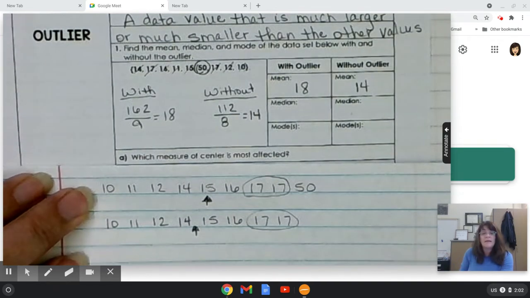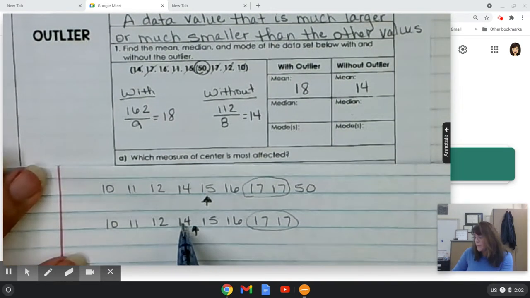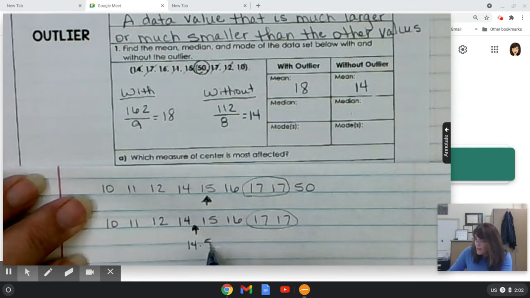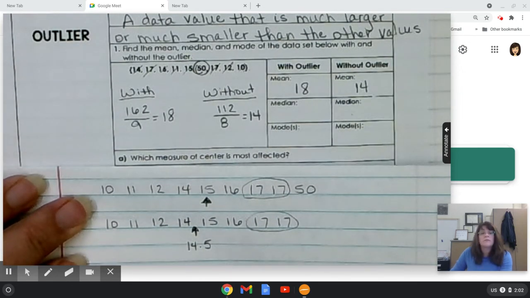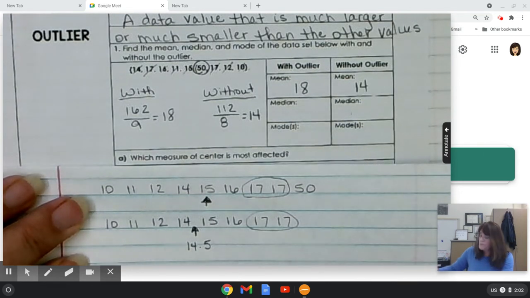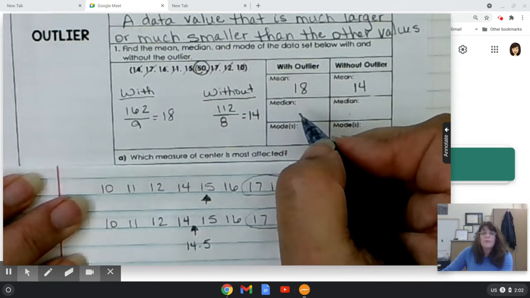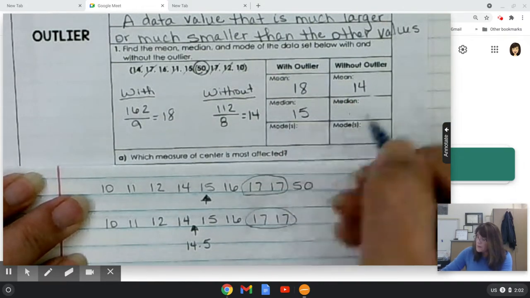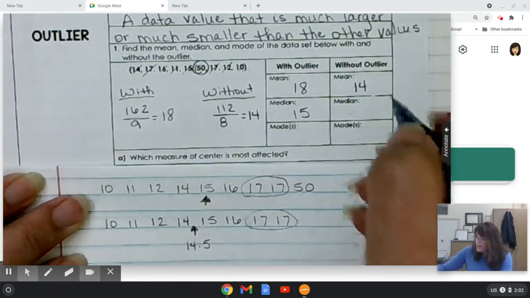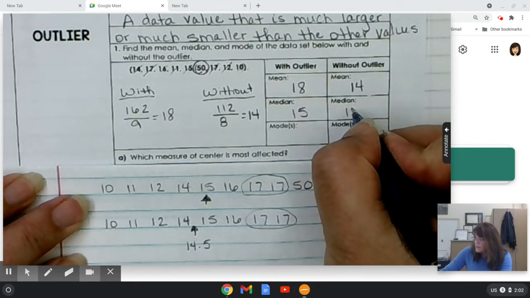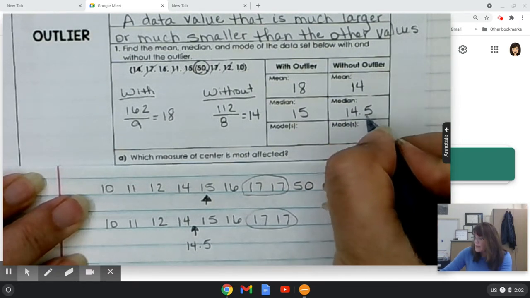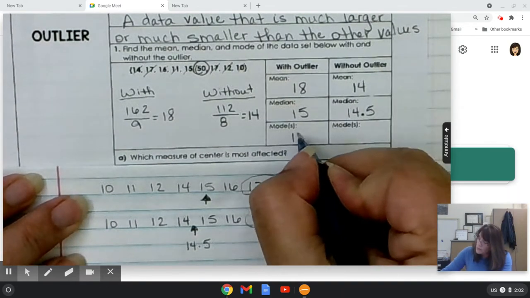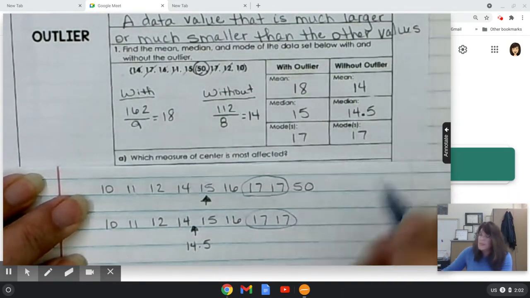So my median is going to be halfway between 14 and 15, which is 14.5. Okay. So my median with the outlier, 15. My median without the outlier, 14 and a half. My mode, 17 both times.